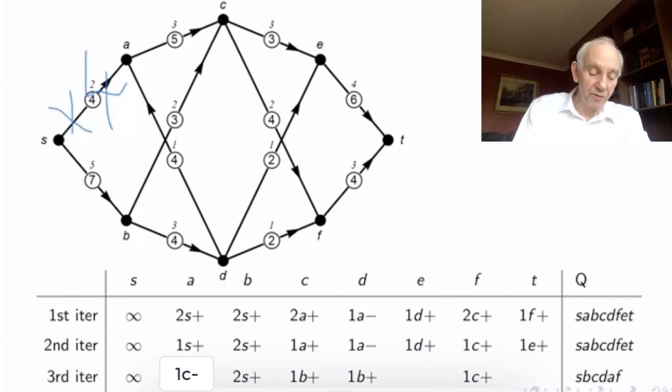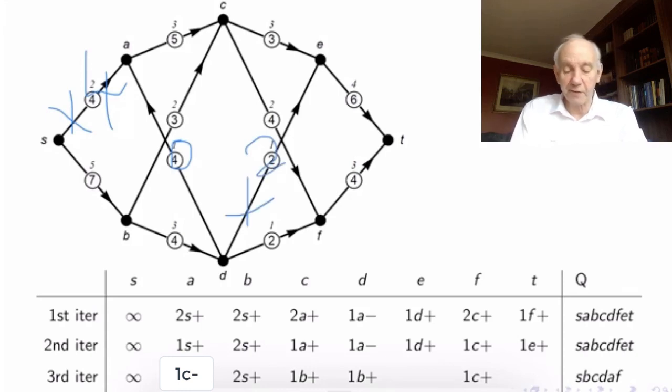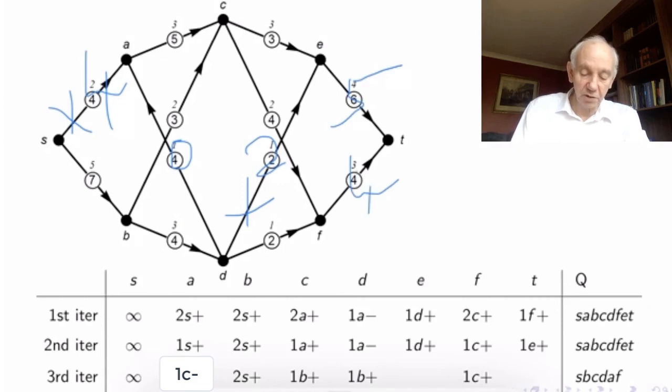We'd made this 0. We'd made this 2, which makes this edge at capacity, which I forgot to say. This 4 had become 5. This 3 had become a 4 in the first iteration, so this was already at capacity.